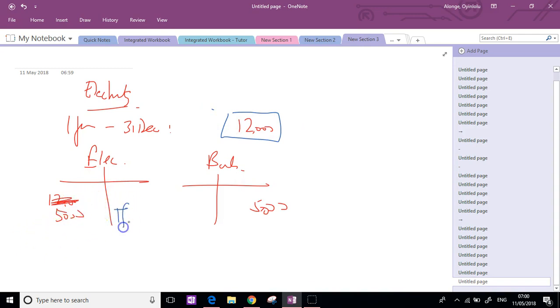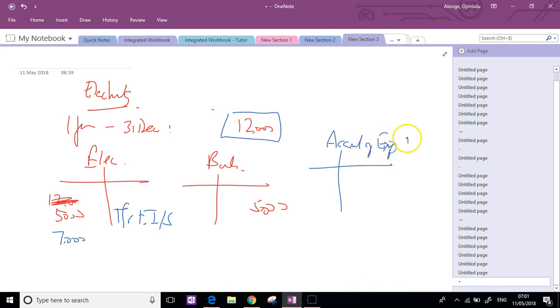We need to transfer to the income statement. When you watch the long video, you'll see me go on about this quite a while. Transfer to the income statement, £12,000. If you need to transfer £12,000 to the income statement, it means you need to recognize another 7,000. You have used electricity worth this additional 7,000, and we call this an accrual of expense. It is a liability.